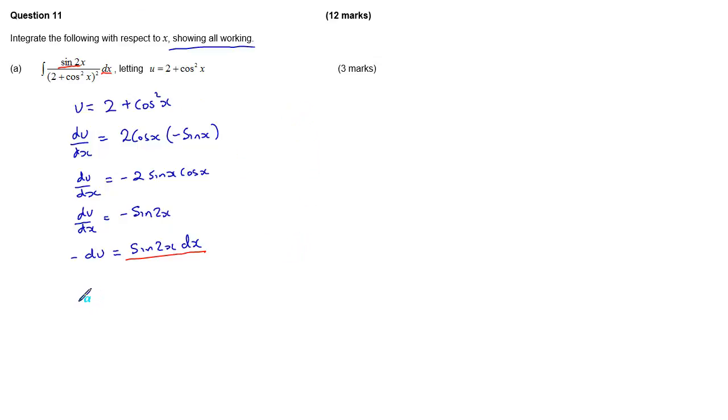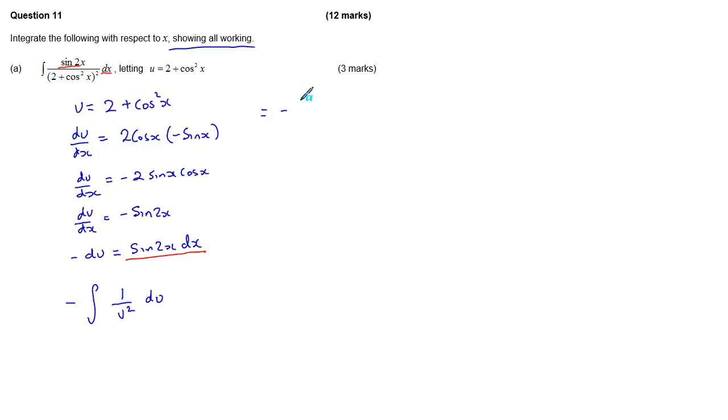So we can now rewrite the integral as minus the integral of 1 over u squared du.